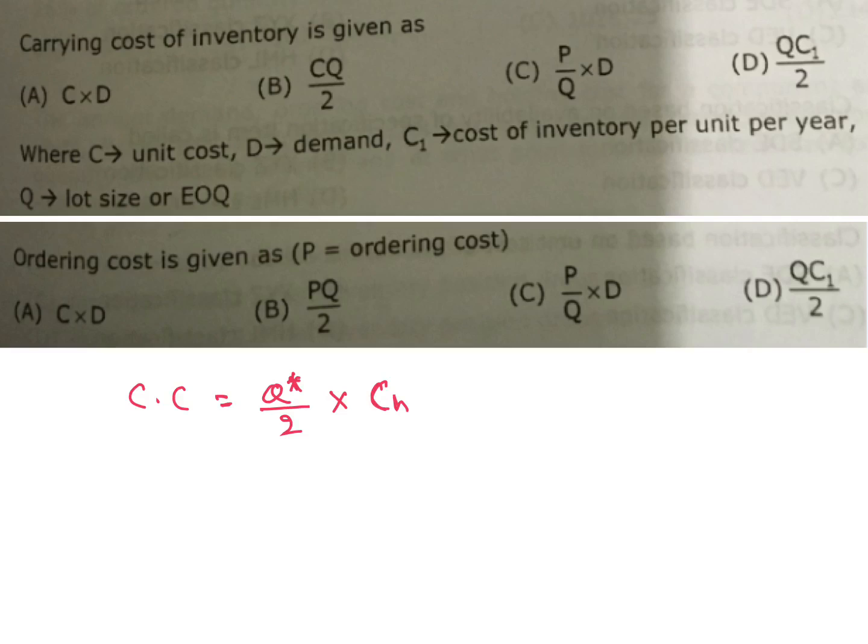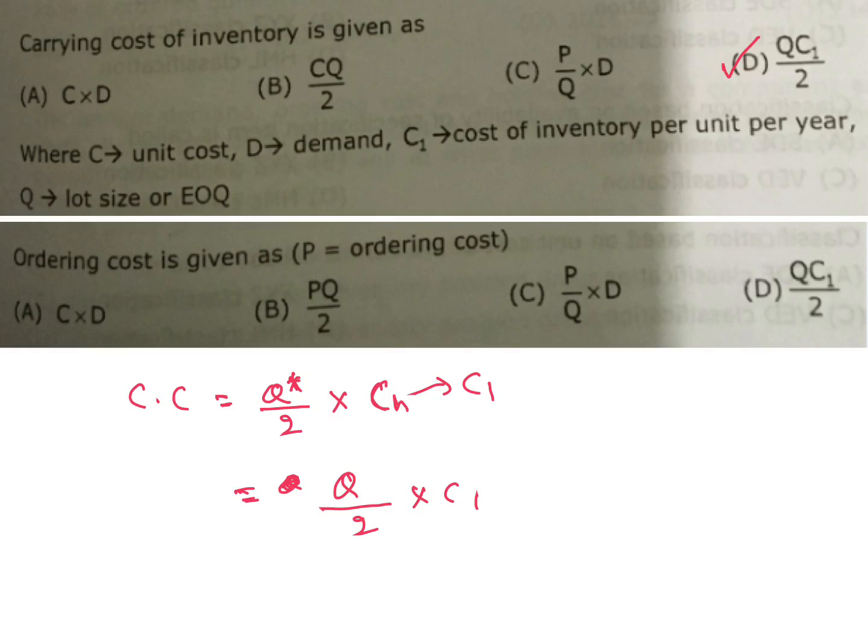Here CH is C1, the cost of inventory per unit per year. With the same lot size Q, the average inventory is Q by 2, so carrying cost is Q by 2 into C1. So option D is the answer, Q by 2 into C1.